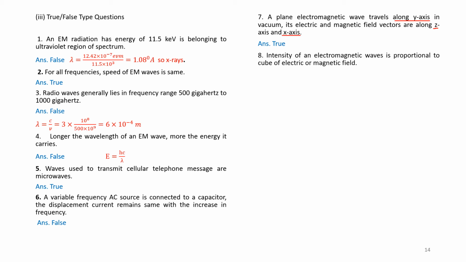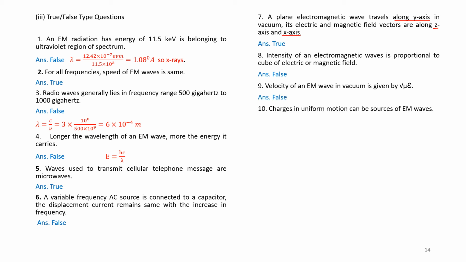Question number 8. Intensity of electromagnetic waves is proportional to the cube of the electric or magnetic field. It is false. Velocity of an electromagnetic wave in vacuum is square root of mu epsilon. It is false.